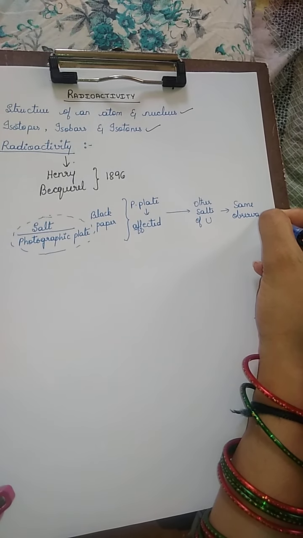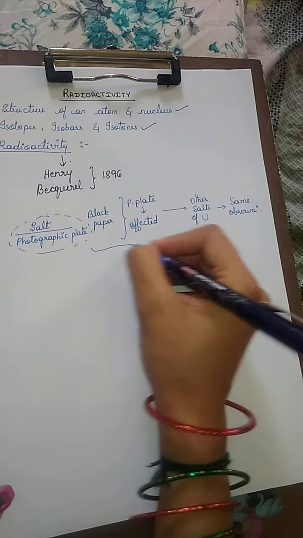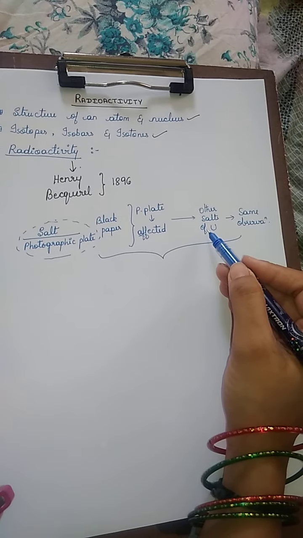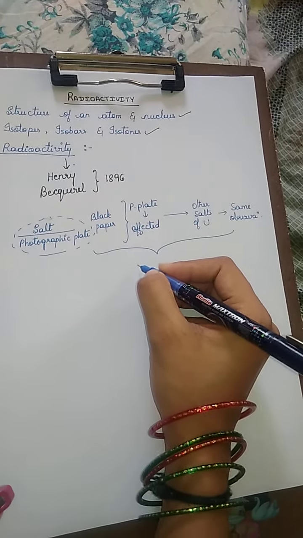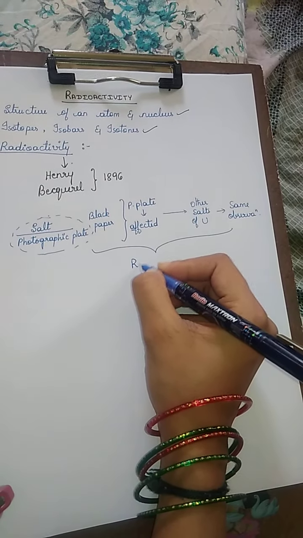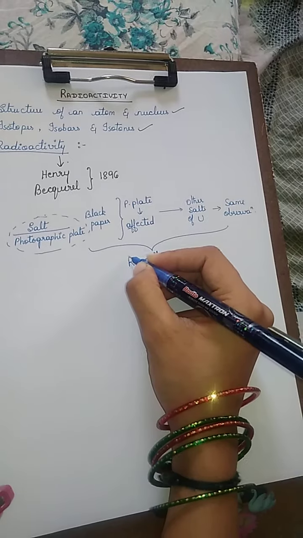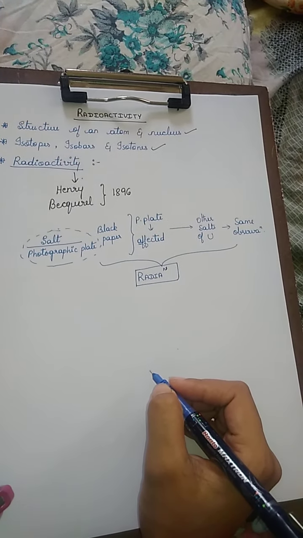The photographic plate was again affected. So this means that the salts he used and the other salts of uranium had produced or emitted some amount of radiations.